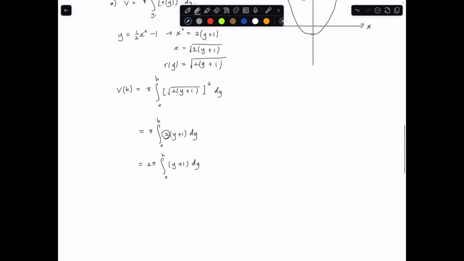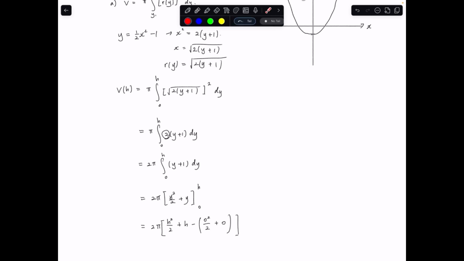And then the integral of y plus 1 is just going to be y squared over 2 plus y. And we're evaluating this from 0 to h. And so that should look like 2 pi times (h squared over 2 plus h, minus 0 squared over 2 plus 0).